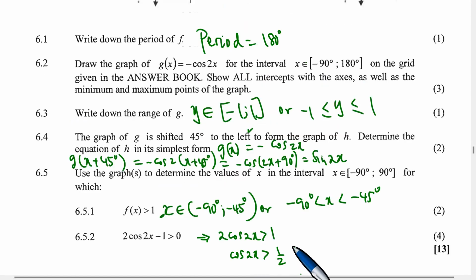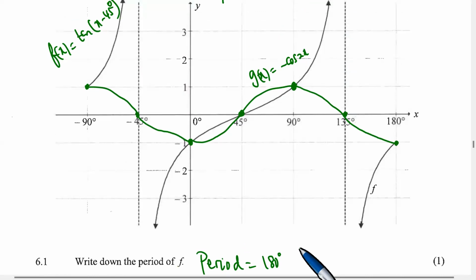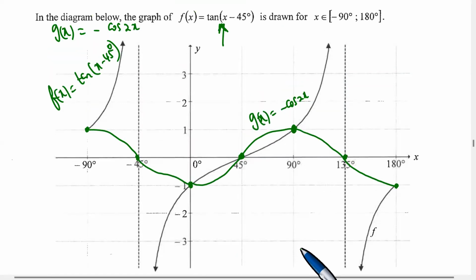So it's less than minus 1/2. When is g less than that? Okay, here is the graph. Where is minus 1/2? It's like here.